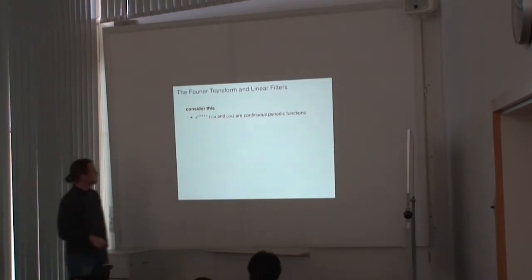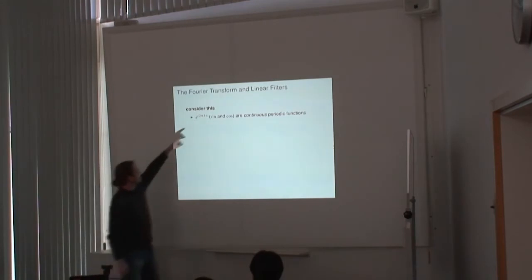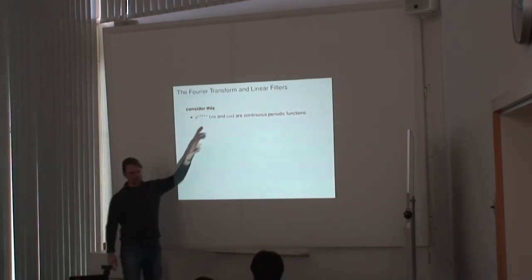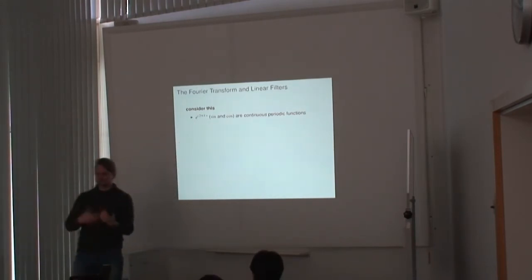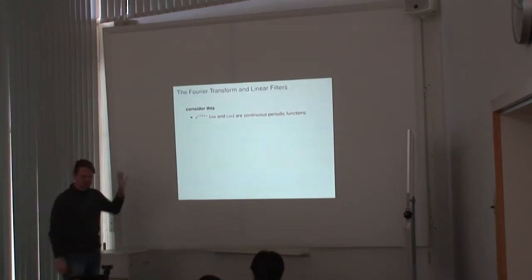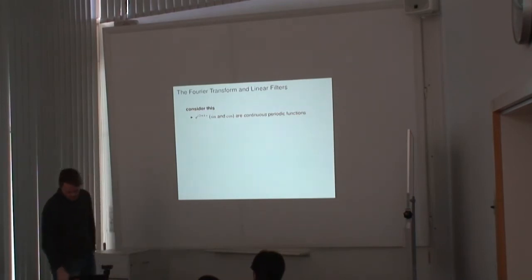These functions here are just superpositions of sine and cosine, and actually complex superpositions. But they are sine and cosine functions, okay? And sine and cosine are continuous. There are no discontinuities.